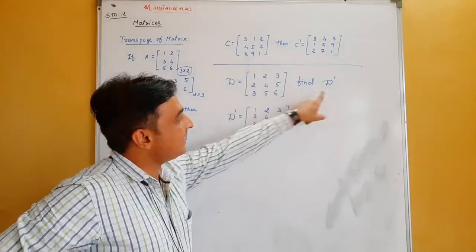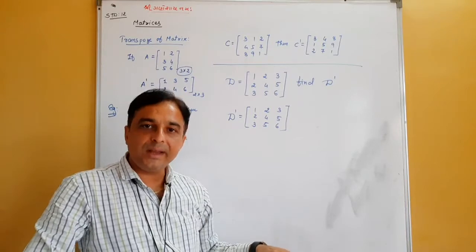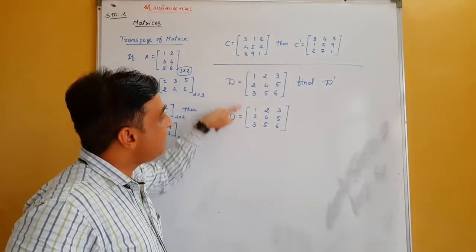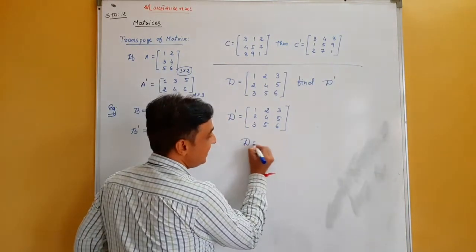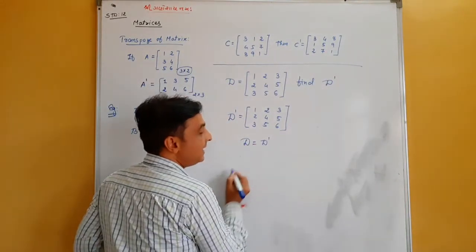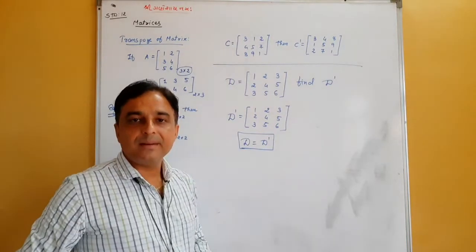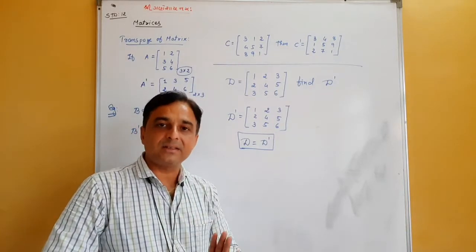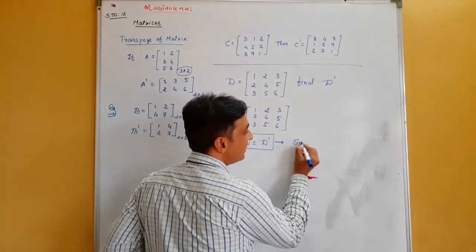We have taken the transpose, the corresponding row converted to the corresponding column, but we are getting the same matrix. That means here D equals D dash. It's a special type of matrix. So when the transpose of a matrix and the matrix itself are the same, this is called a symmetric matrix.